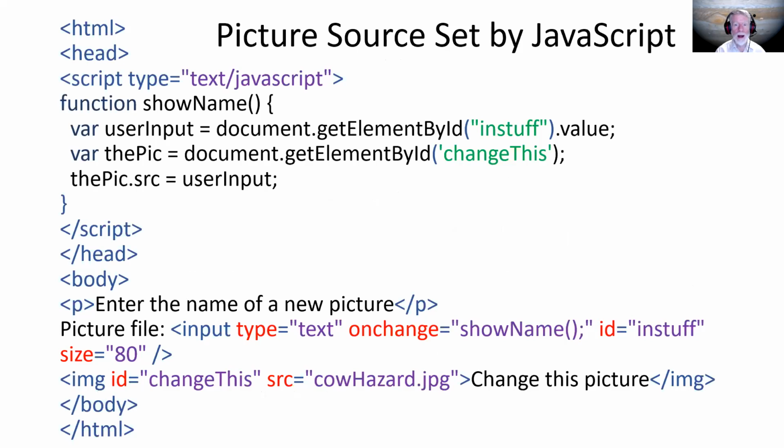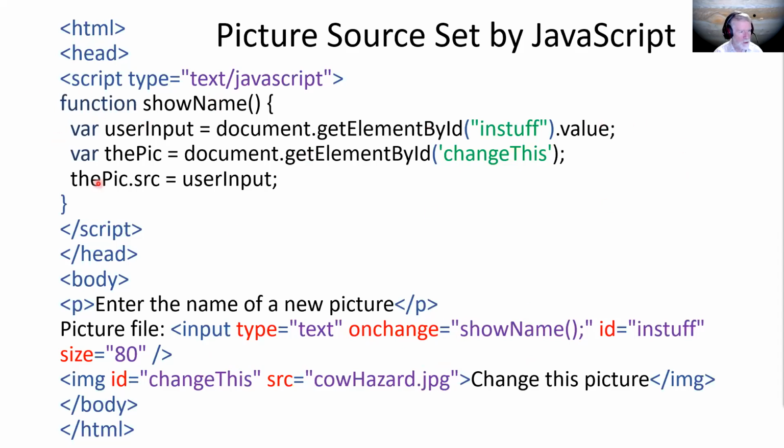Here's an example. In fact, for some of you, this is the solution to one of the questions on the exam. This simple little program allows you to input a picture on the input field. Here we have an input field, and you input a text field, and then whenever you change that, on change, it calls the show name function, which is up here.